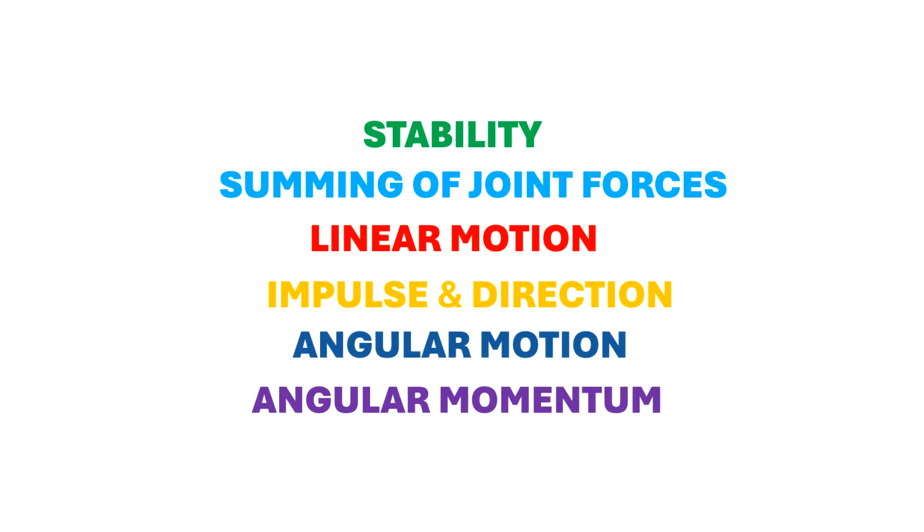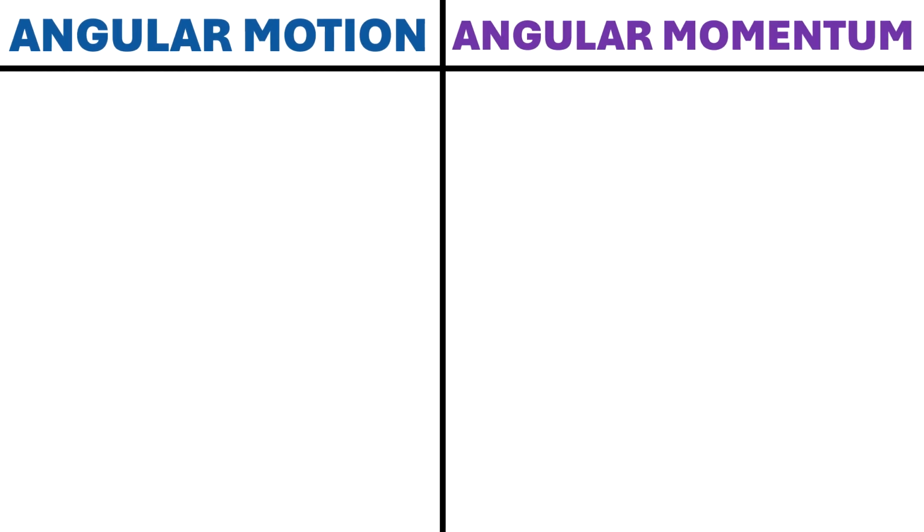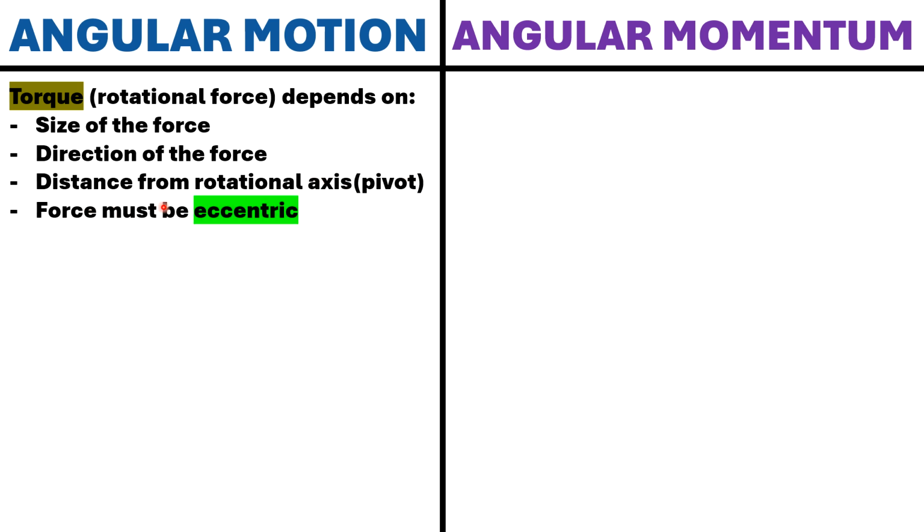Now's the turn for angular motion and angular momentum. Torque is the name given for rotational force, and it depends on the following factors: the size of the force, its direction, the distance from the rotational axis or pivot, and that the force must be eccentric for torque to happen.